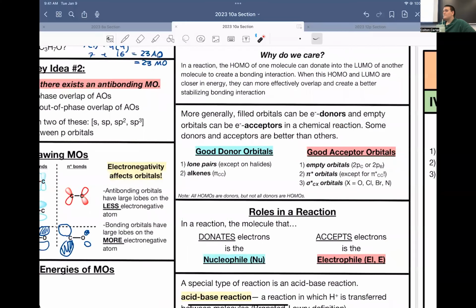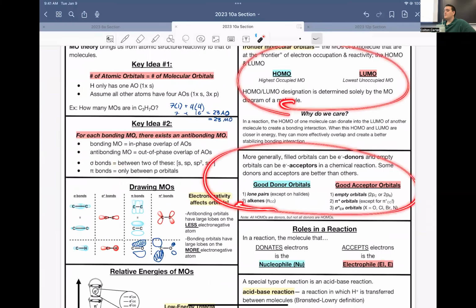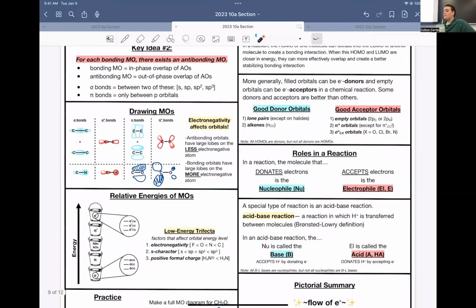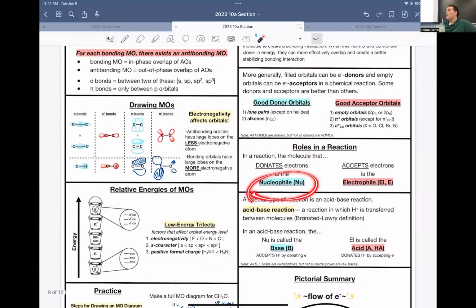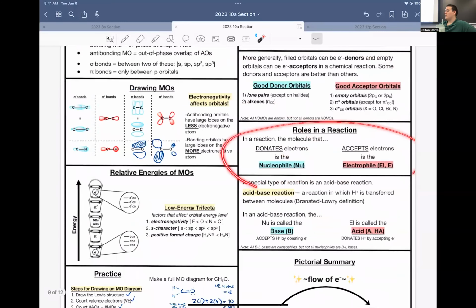Cool. So specific orbitals, generally they're these types of orbitals. And the molecule that donates in a reaction, the molecule where the HOMO donates electrons, we call that whole molecule the nucleophile. And the molecule that accepts electrons in a reaction, we call that whole molecule the electrophile. So HOMO and LUMO are just specific bonds. They're types of bonds that are donors or acceptors, and they're on molecules called nucleophiles and electrophiles.